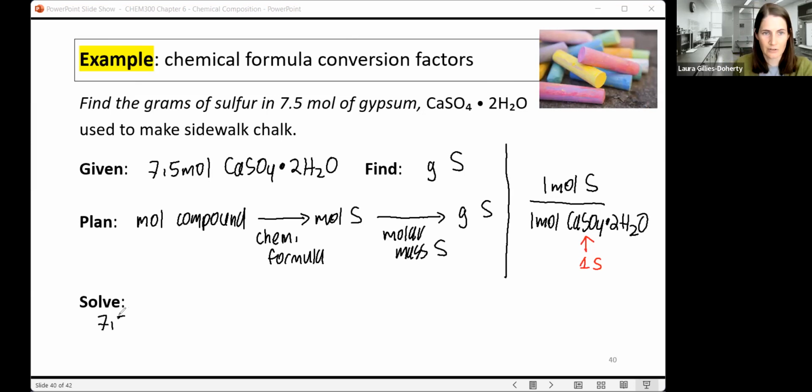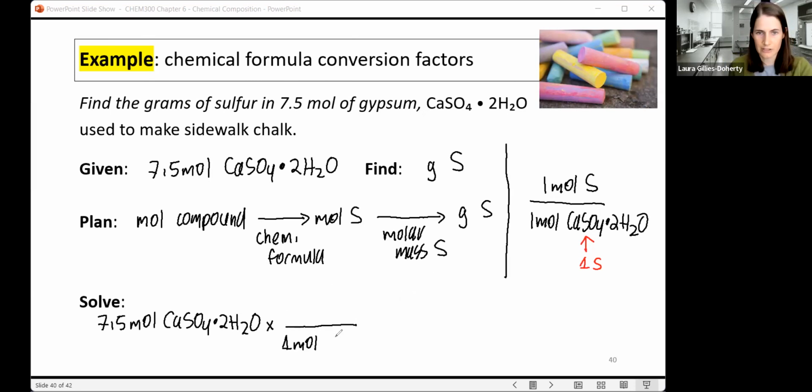We have 7.5 moles of calcium sulfate dihydrate. We're going to use our chemical formula as a conversion factor. So for every 1 mole of this compound, we have 1 mole of sulfur. And then we're going to use the molar mass of sulfur to convert that to grams.